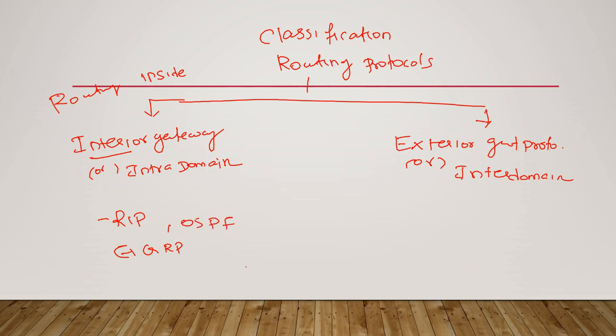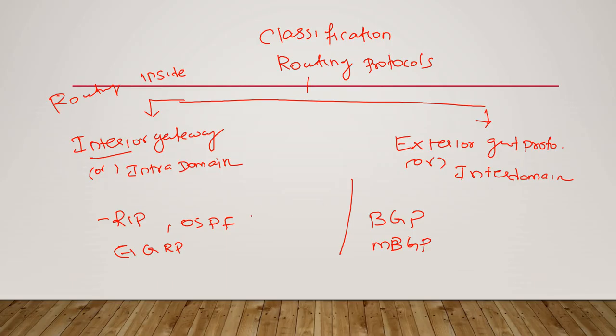These three come under the interior gateway. Exterior is BGP and MBGP, the version of BGP. Only BGP comes under the exterior.